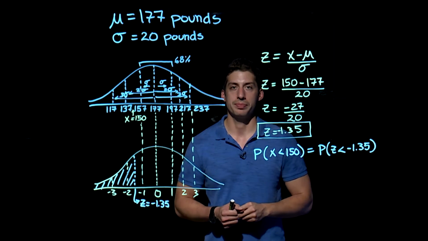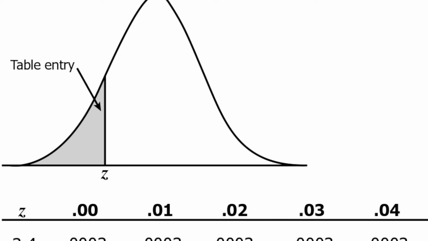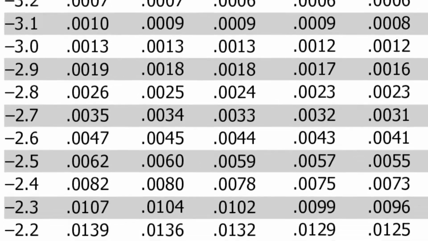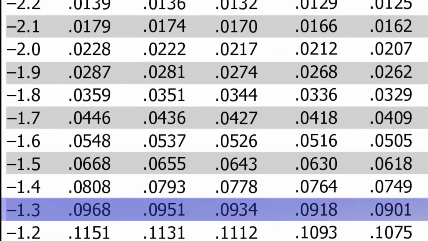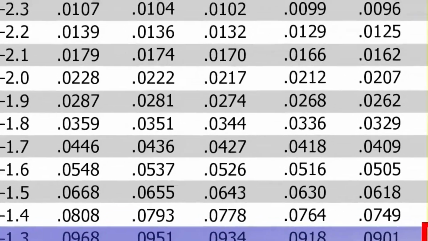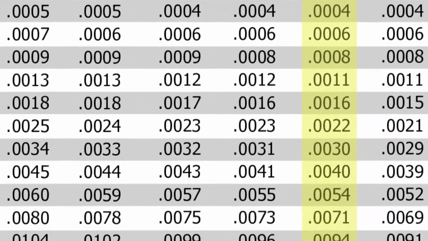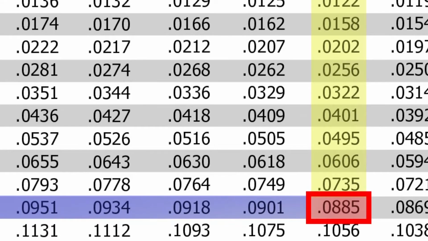or the normal proportions table. What you can find in this table is the standard normal probabilities. On the first column, you look for the leading digit and the first decimal. Then on the first row, you look for the second decimal. At the intersection of both, you find the area under the curve, or the area that is shaded in this case.